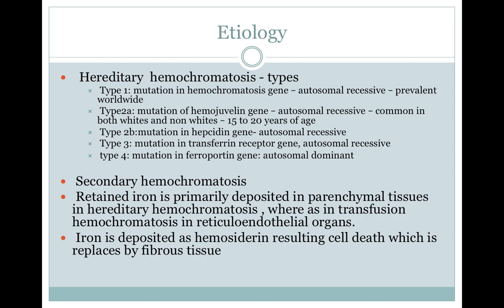Whereas in type 2B, the mutation is in the hepcidin gene. Hepcidin is a protein that controls the iron absorption in the gut. It is again autosomal recessive inheritance. Type 3 is a mutation in the transferrin receptor gene. Again, autosomal recessive inheritance. Type 4 is secondary to the mutation in the ferroportin gene, which is autosomal dominant.